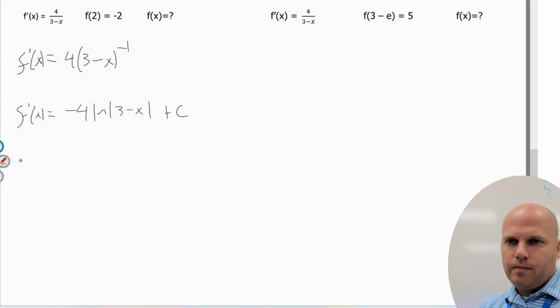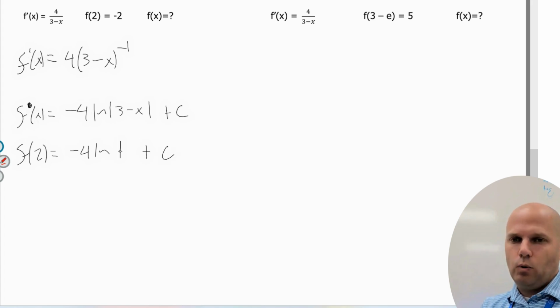I have a plus c. This is just f. I've taken the antiderivative. F of 2 equals negative 4 log 1. The natural log of 1 is 0. You need to remember 1 is e to the 0. So c equals negative 2.